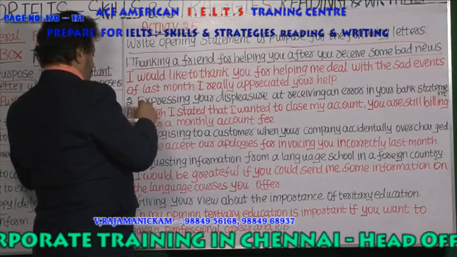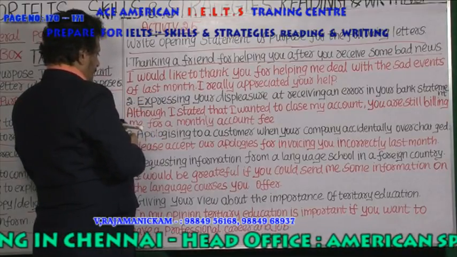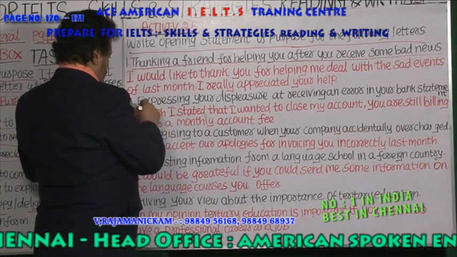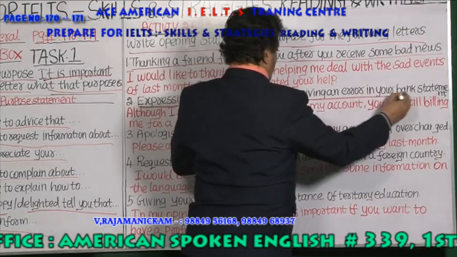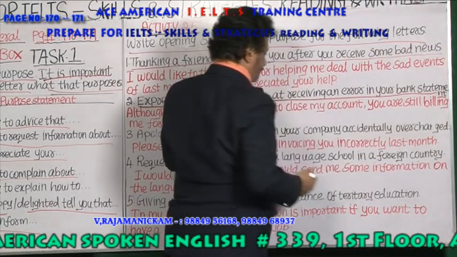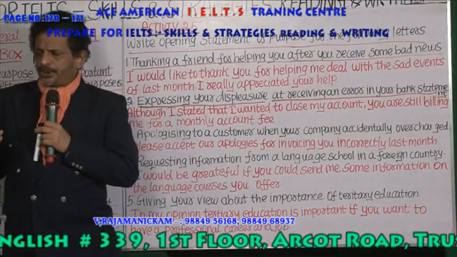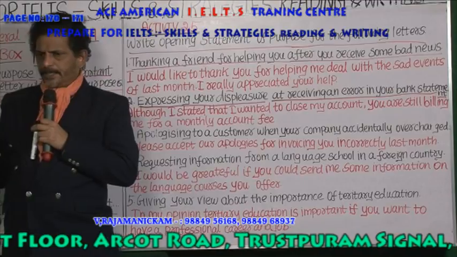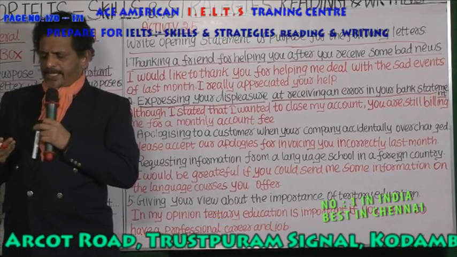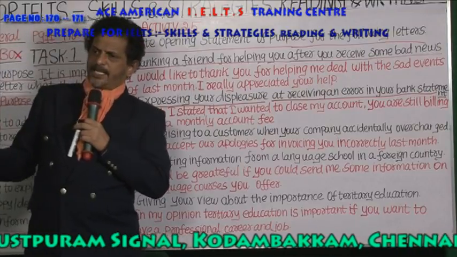Expressing your displeasure. You're not satisfied at receiving an error in your bank statement. In your bank account, wrongly it is debited or credited. So when you see some wrong statement in your bank account, you are just expressing your displeasure.